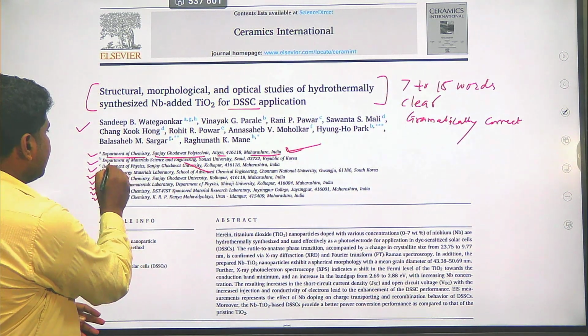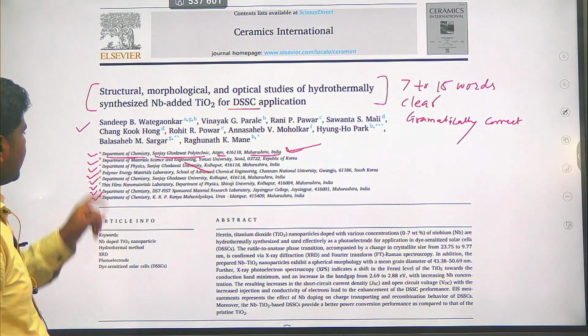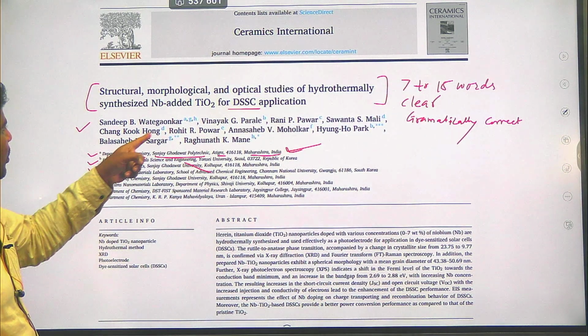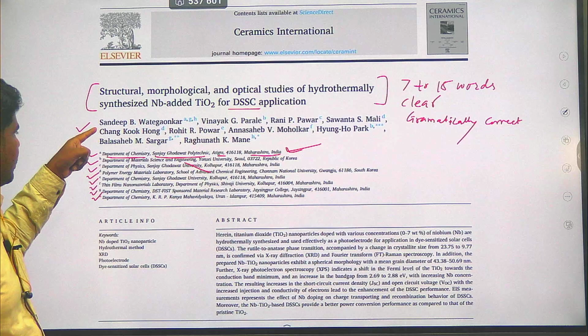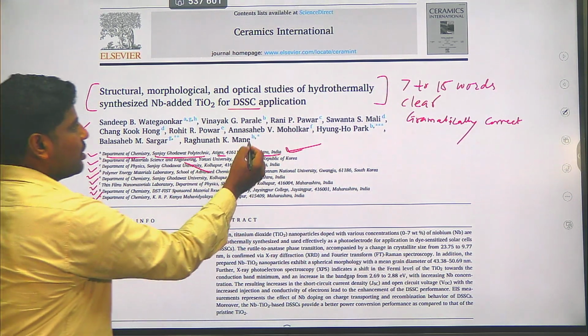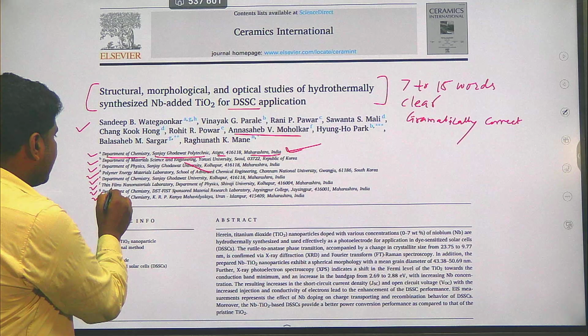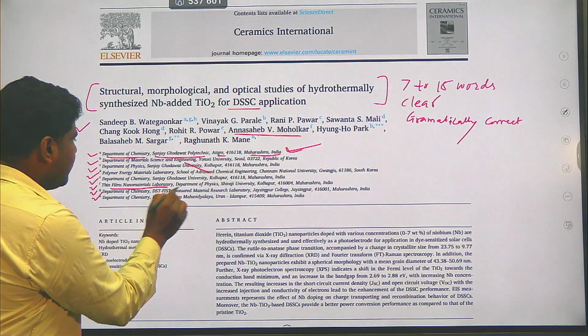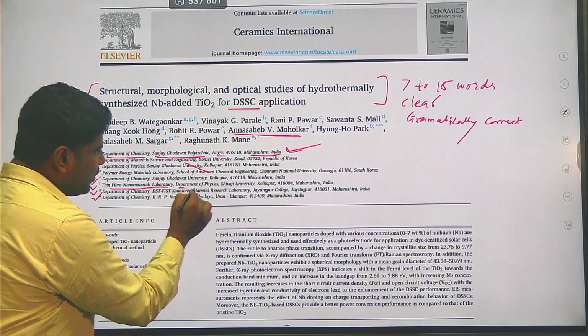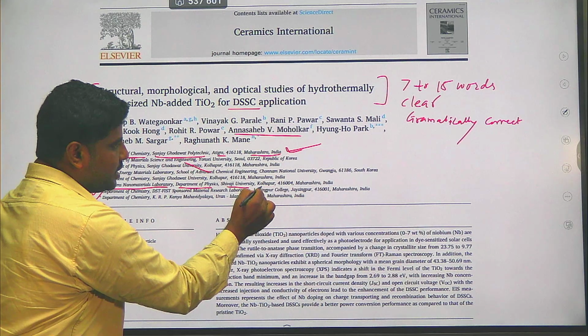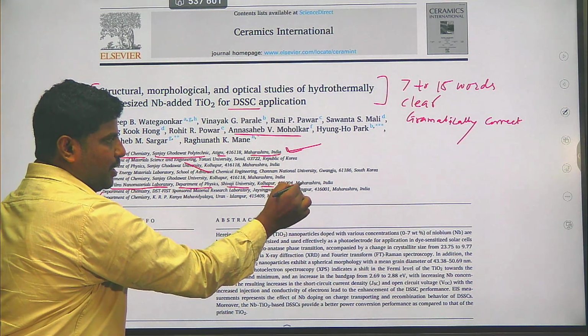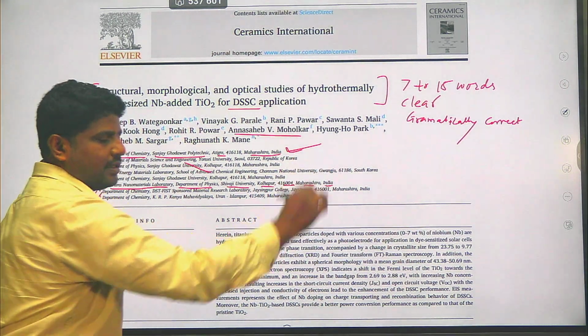Second, take another example, the affiliation of Annasaheb Moholkar. Here, sir has written the affiliation as Thin Films Nanomaterial Laboratory, Department of Physics, Shivaji University, Kolhapur, pin code, state, and the country.